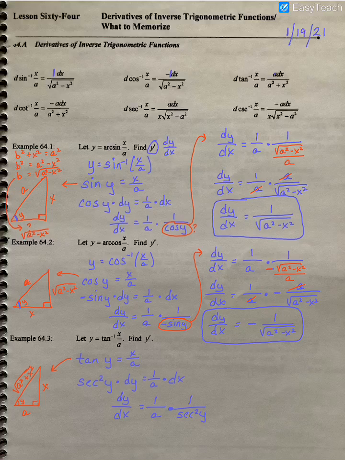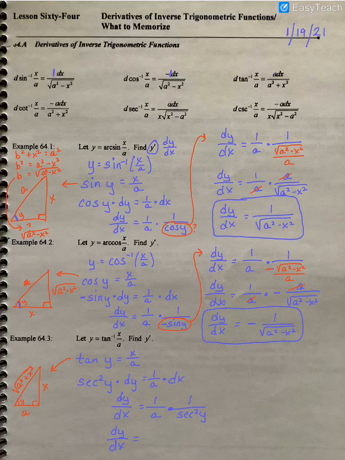There are a couple of different ways you could deal with this. Similar to the last one, we can do 1 over, and we can substitute in values for secant squared y. I'll be honest, my brain does not work quite as well with secant. But what do we know about secant? Hopefully you're telling me that secant is the reciprocal of cosine.